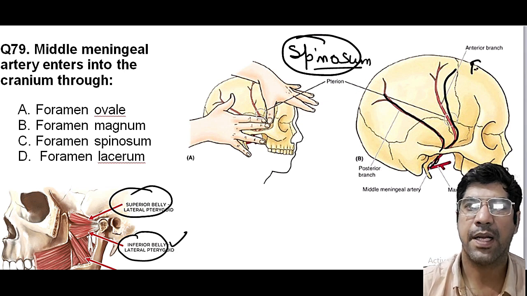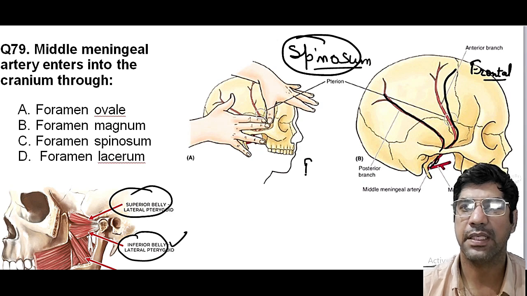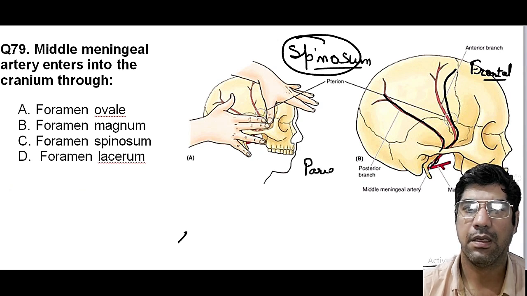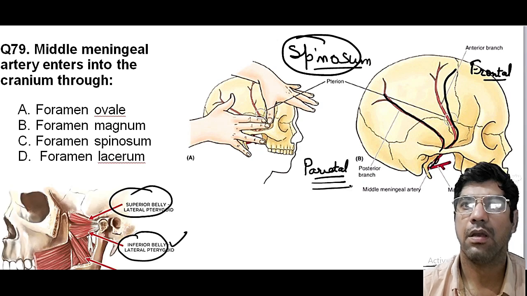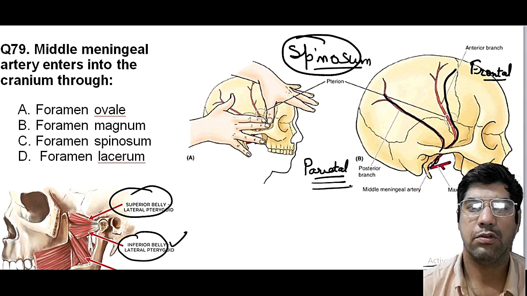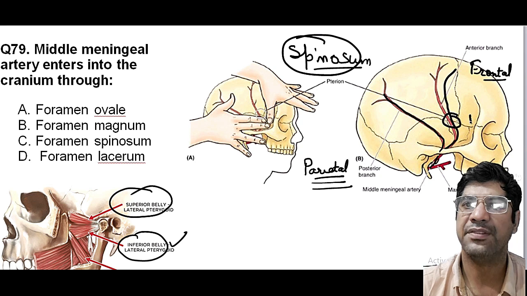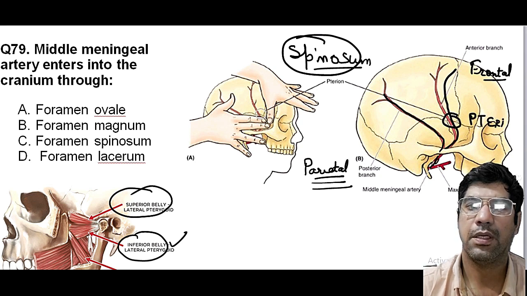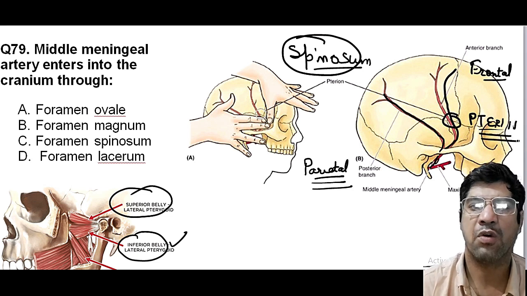One is the frontal branch, that is the anterior branch, and the posterior branch is the parietal. It crosses a point that is known as the pterion. So this one here is the pterion. Think of this as a crossroad.